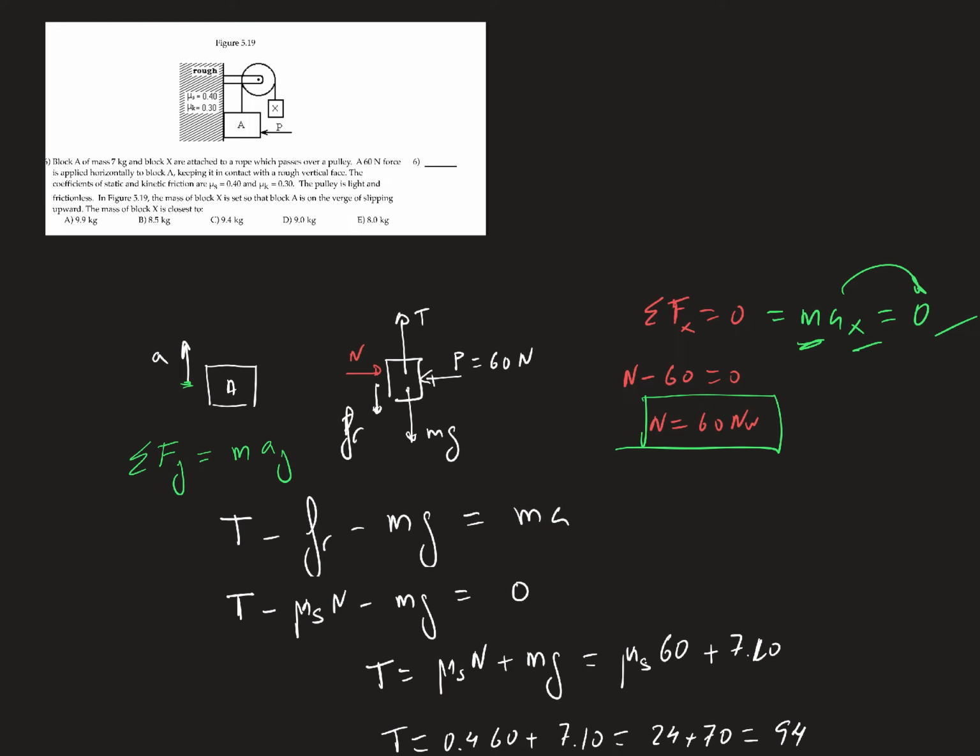But the problem says a subtle thing here. It says that the block A is set so that it is on the verge of slipping upward. So it's on the verge, it's going to slip, but it didn't slip, so the acceleration is zero.